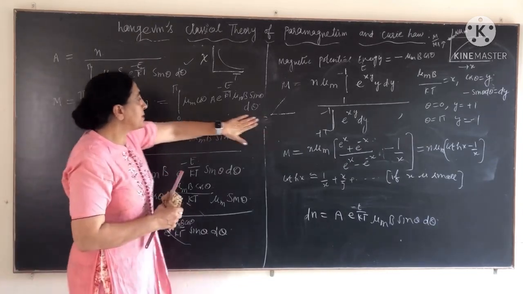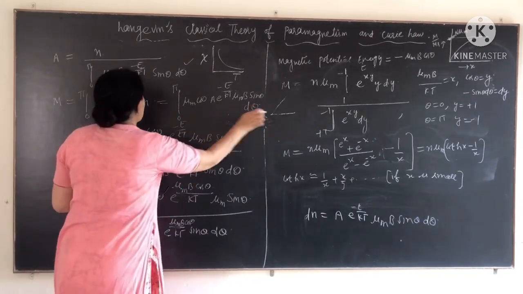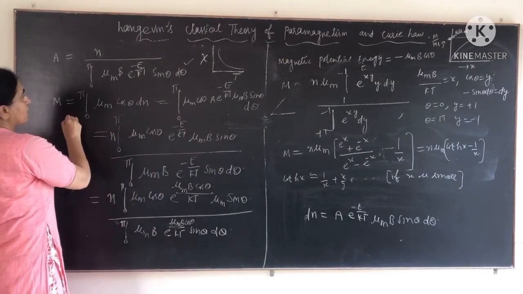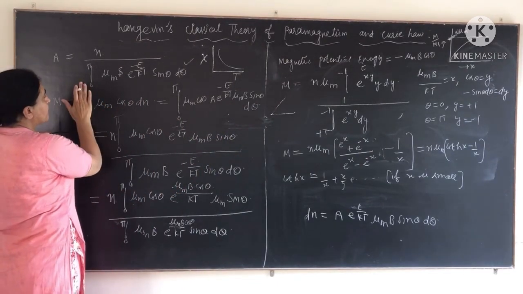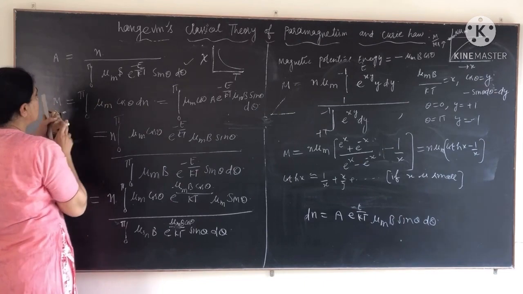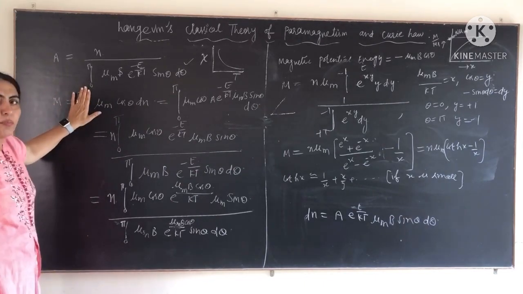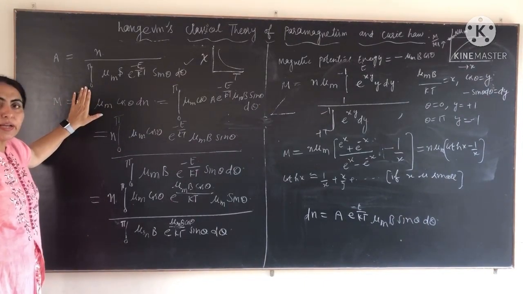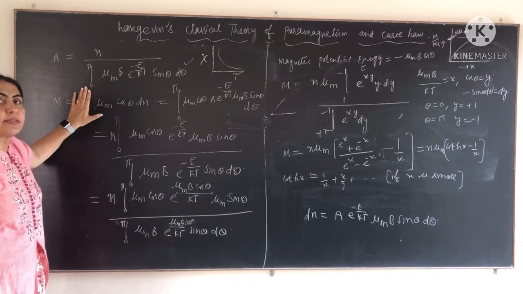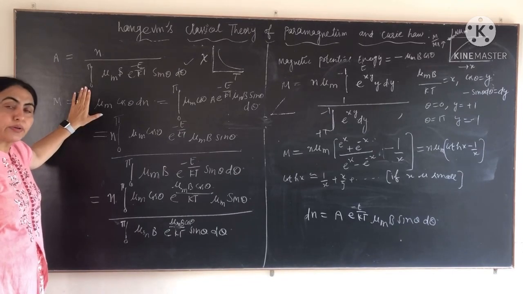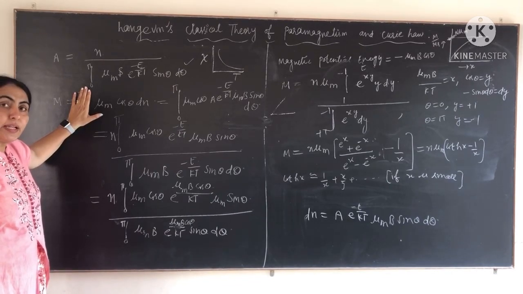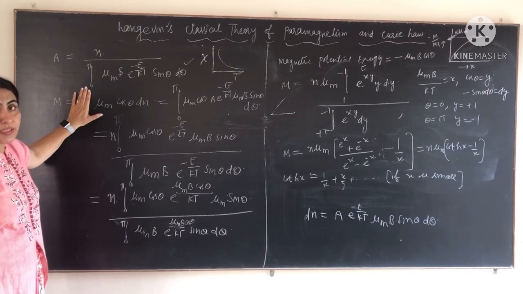So M is equal to mu_m cos theta into dn. And what is dn? dn is the number of molecules per unit volume between the energy E and E plus dE.